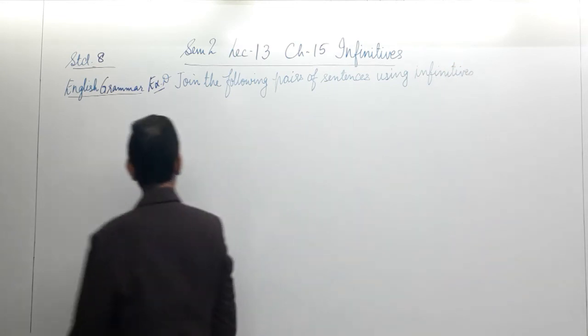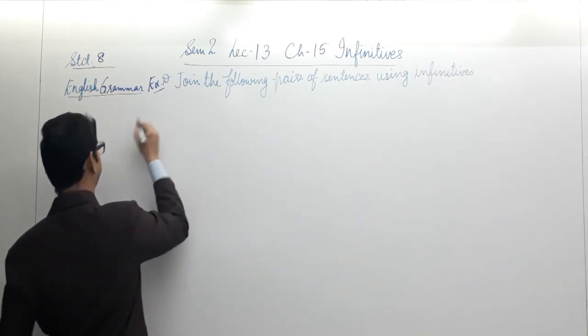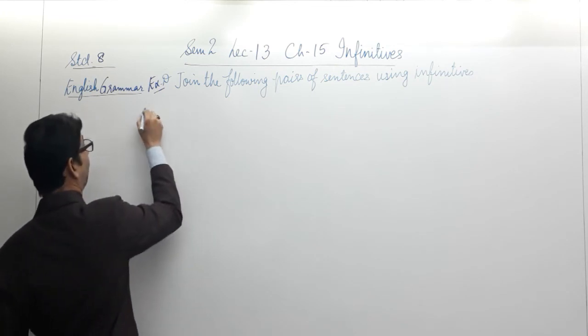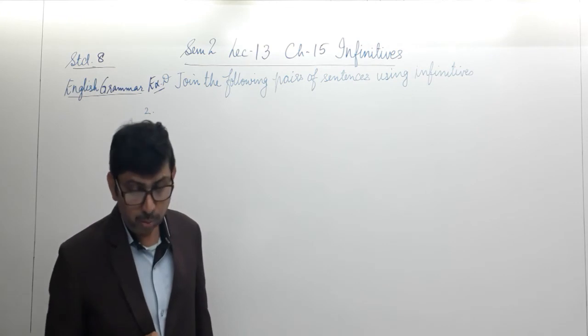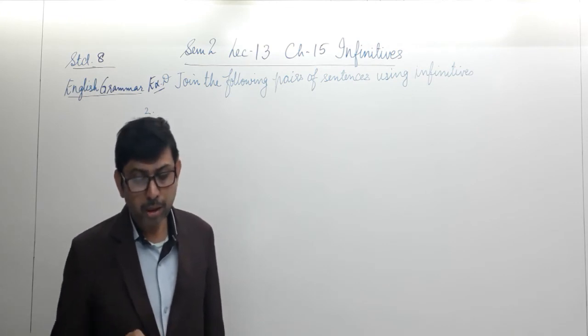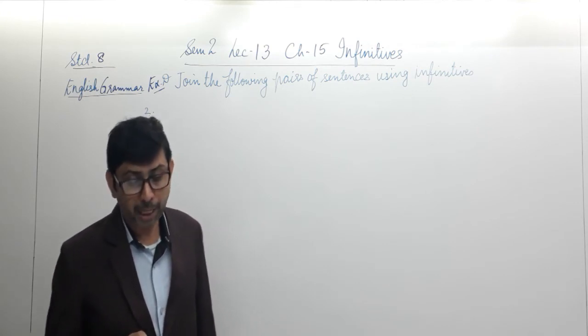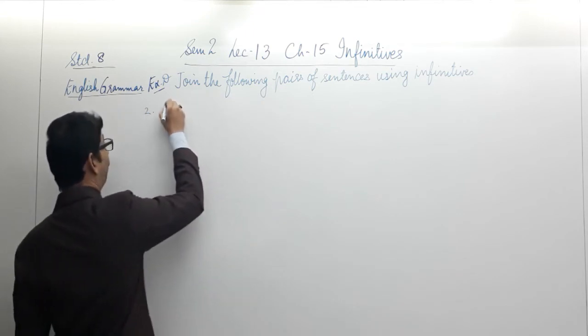First sentence you already read out. We'll start with the second one. The question given to us on page number 128. I went to the shop. I wanted to buy a shirt. Pair of sentences.